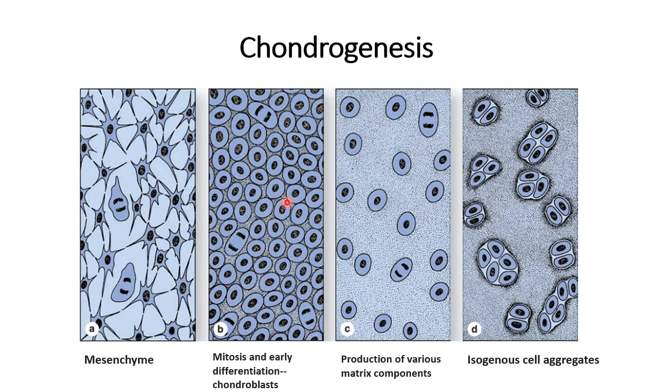Then chondroblast تعمل الخطوة الثالثة اللي هي production of various matrix components، تنتج لنا كميات من الماتريكس واللي هي بتخلي الخلايا بعد كده تتفرق من بعض. الخطوة الرابعة إنه each chondroblast قاعدة في لاكونة بيحصل لها division inside اللاكونة، بتتقسم داخل اللاكونة وبتديني isogenous cell aggregates، وبيحصل برضو more production of extracellular matrix components، بتبقى well developed matrix.